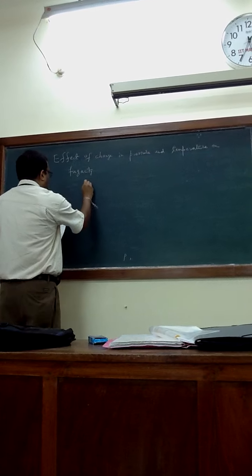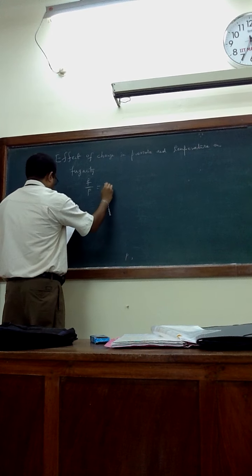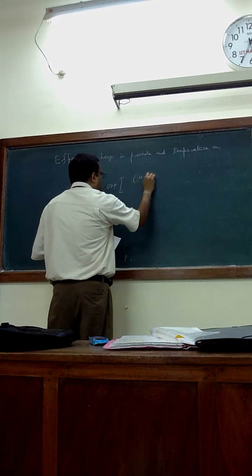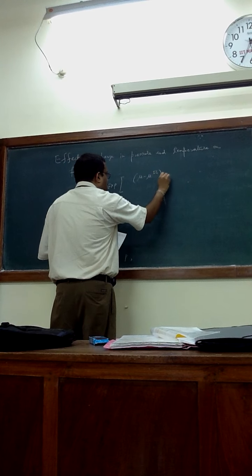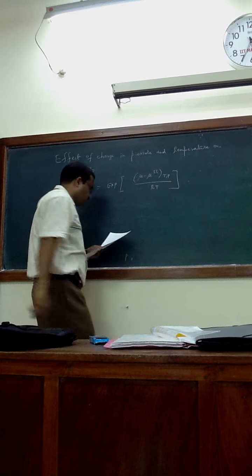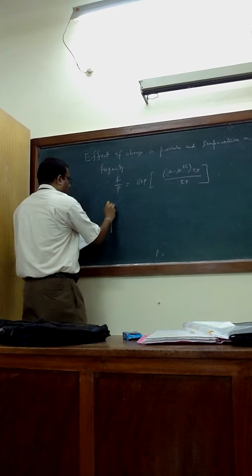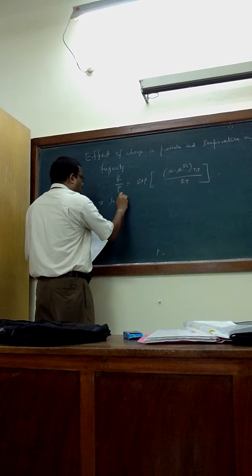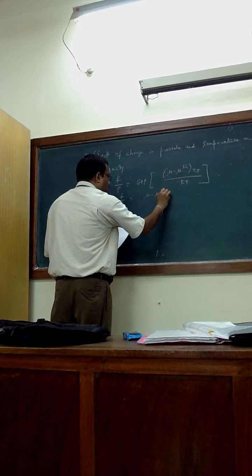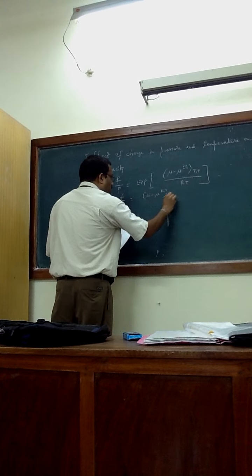So F by P is the exponential of (mu minus mu Ig at T, P) by RT, and we have ln F by P equals (mu minus mu Ig at T, P) by RT.